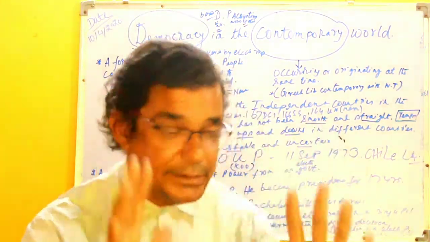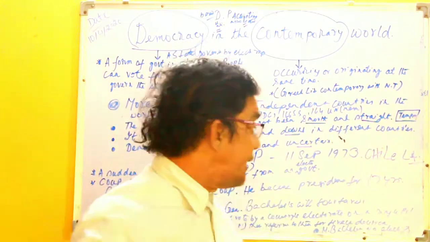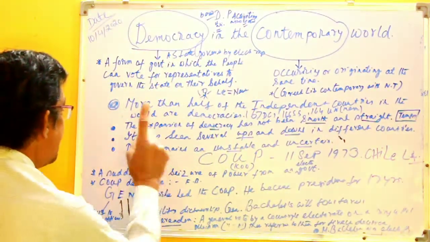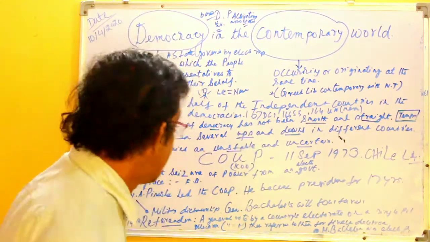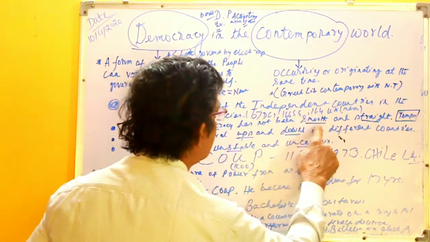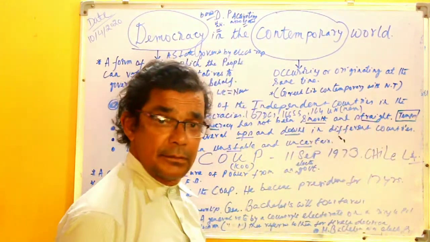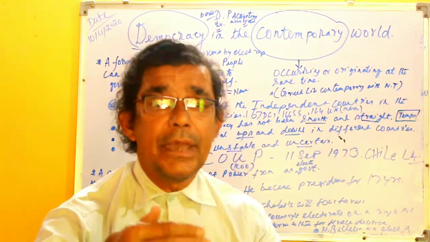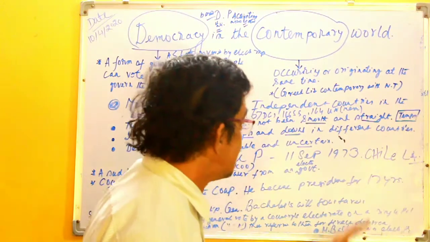Keep it in mind. Now, there is a big but over there. See this one. It is from your lesson. You have to read the lesson. The expansion of democracy had not been smooth and straight. There are so many impediments, meaning difficulties.